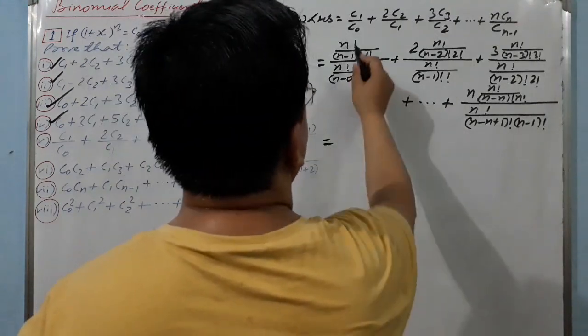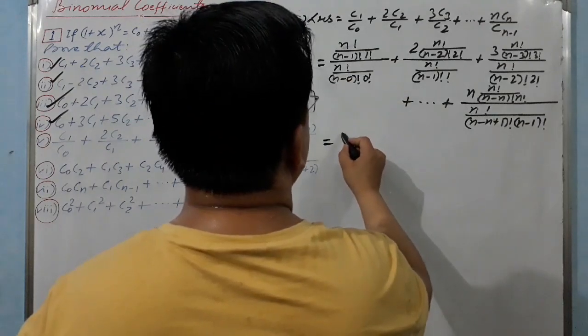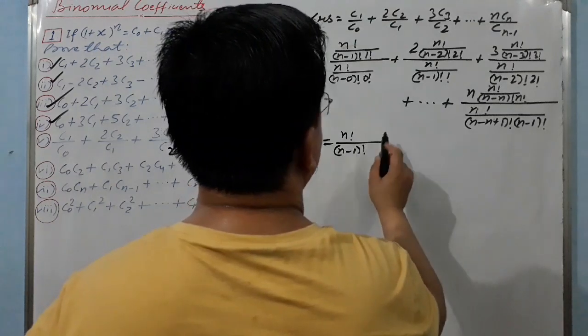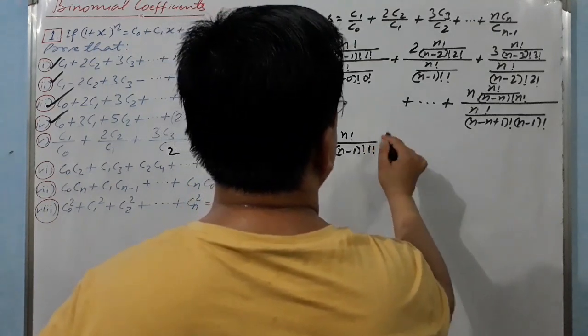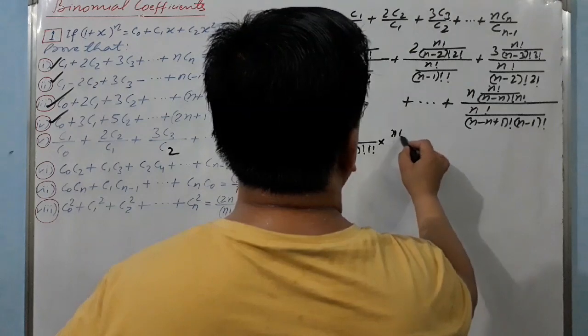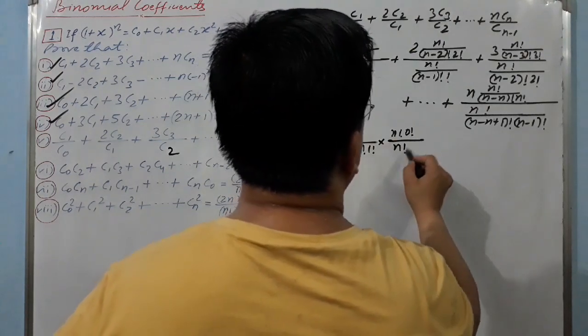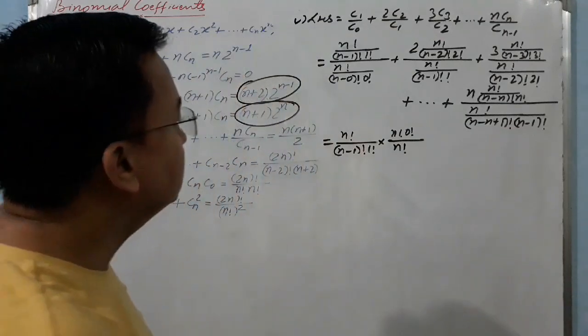Just I have used the formula. Now n factorial over n minus 1 factorial, 1 factorial times n factorial, 0 factorial over n factorial, right?